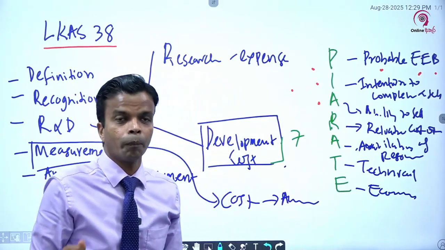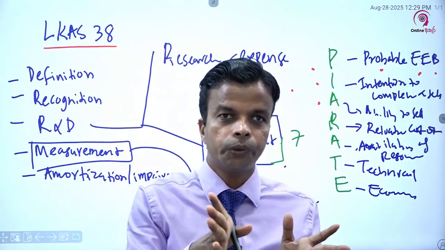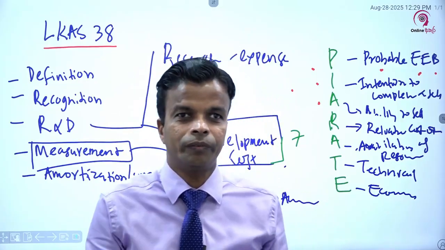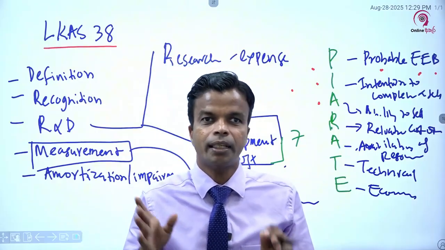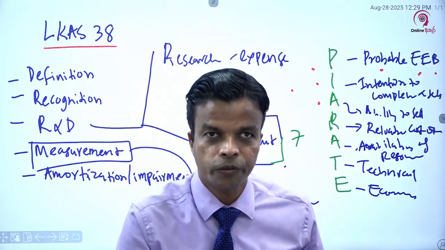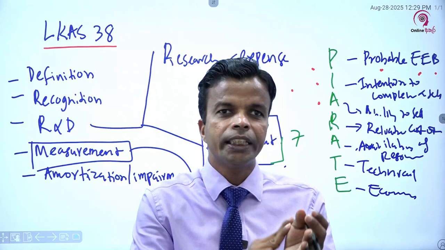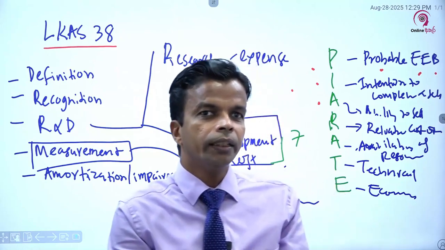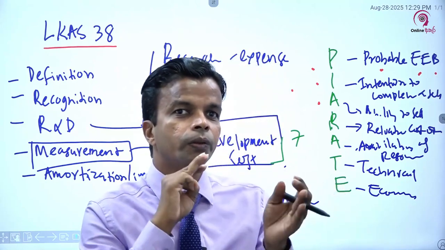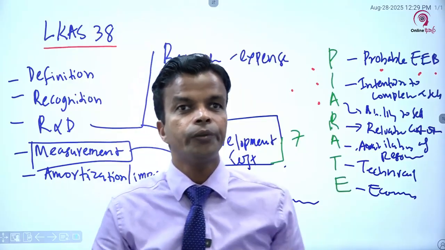However, by nature, intangible assets are of three types. First, intangible with indefinite useful life, intangible with definite useful life, and intangible which are in the process to be used, meaning intangible assets which are not ready to use.